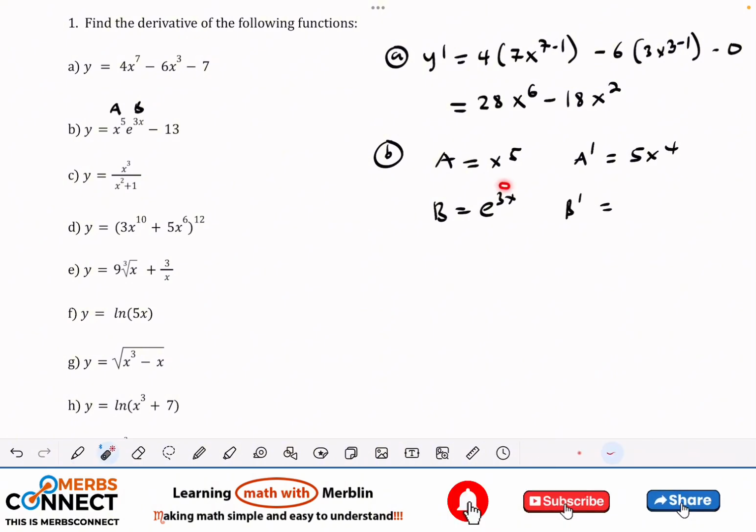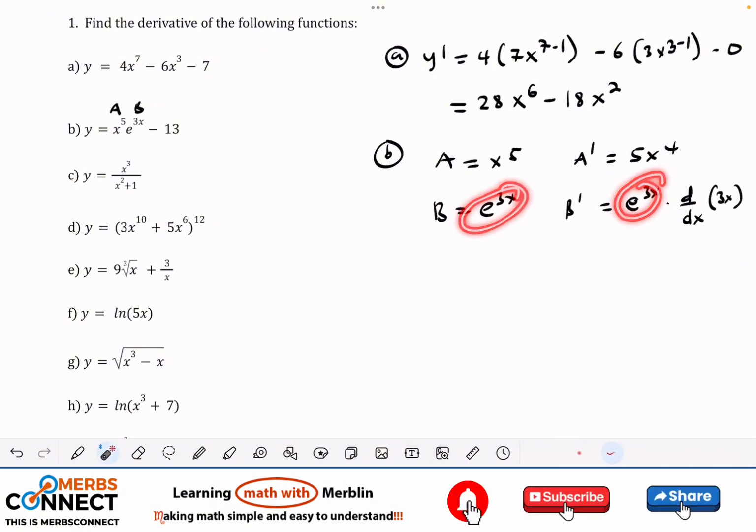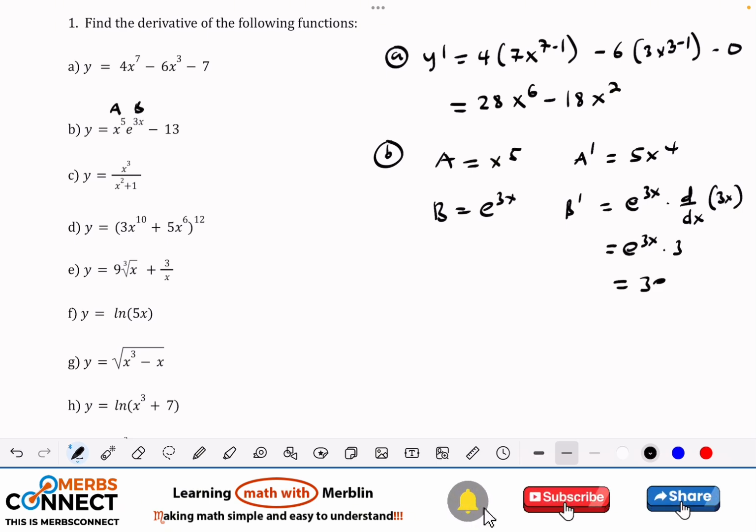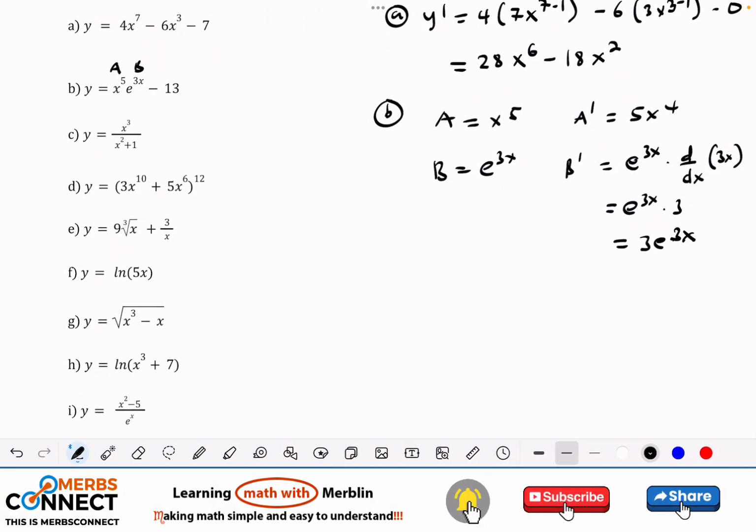Then when I differentiate b, I maintain the function, then I differentiate what is on the top, 3x. So I have e to the power 3x times 3, which is 3e to the power 3x. Good, so this is what you are going to get.